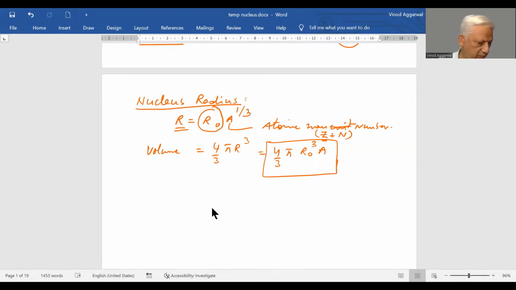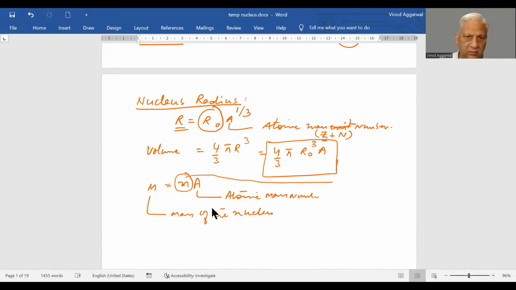And if we take m, which is the mass of the nucleus, this is equal to A times the mass of a proton, and the mass of a proton is very nearly equal to the mass of a neutron.